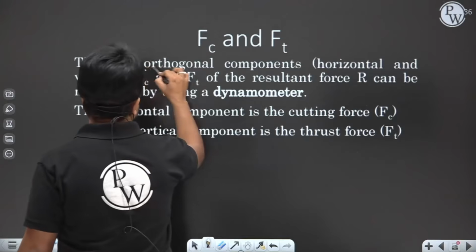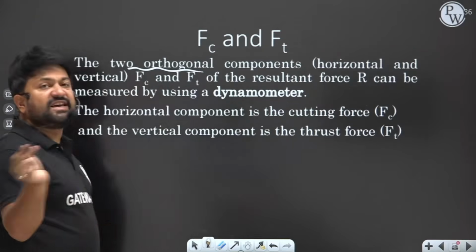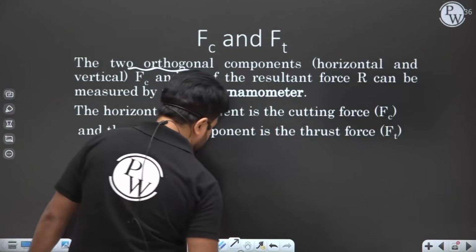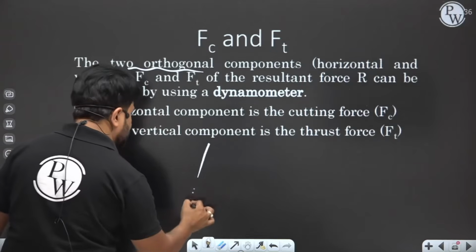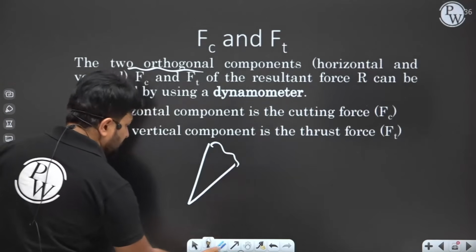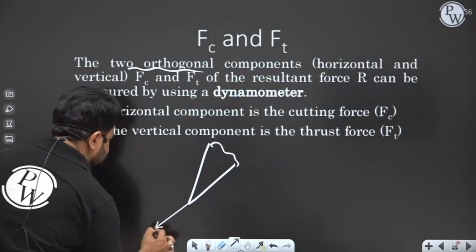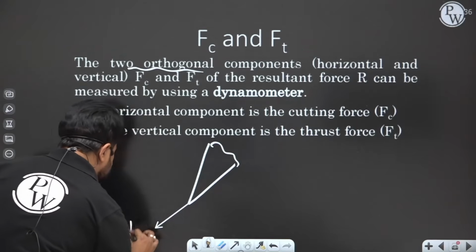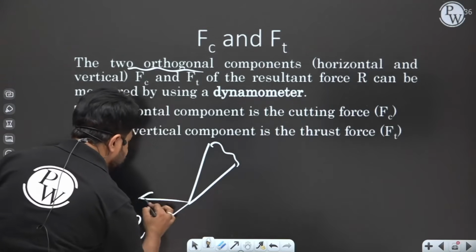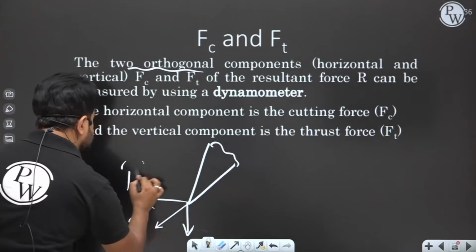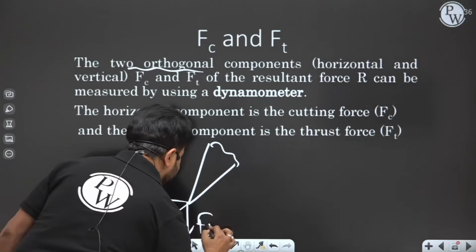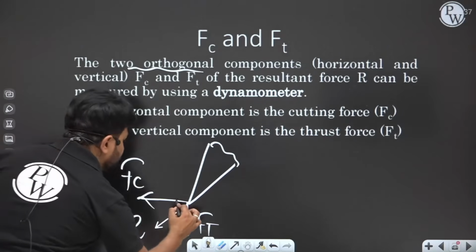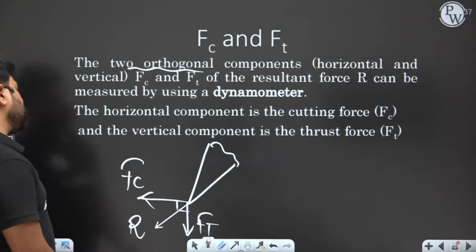So the two orthogonal components, that is Fc and Ft. Please see, this is R, this is Fc, and this is Ft. They are perpendicular to each other.